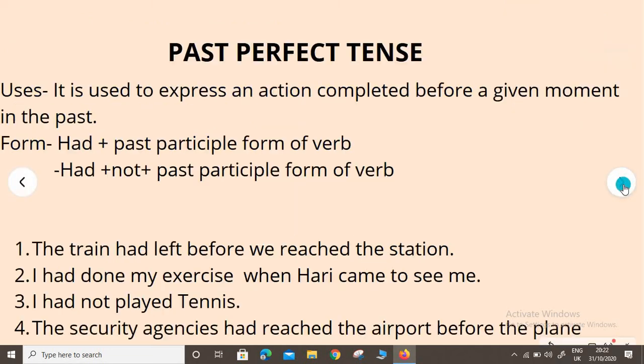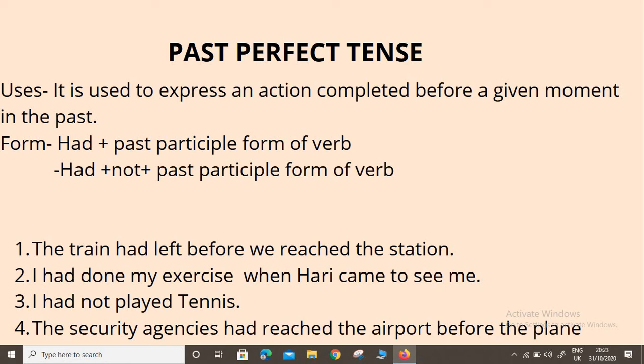Let us go to the next slide, that is for past perfect tense. Past perfect tense is used to express an action completed before a given moment in the past. That means we use past perfect tense in order to highlight the action completed just before a certain moment in the past.